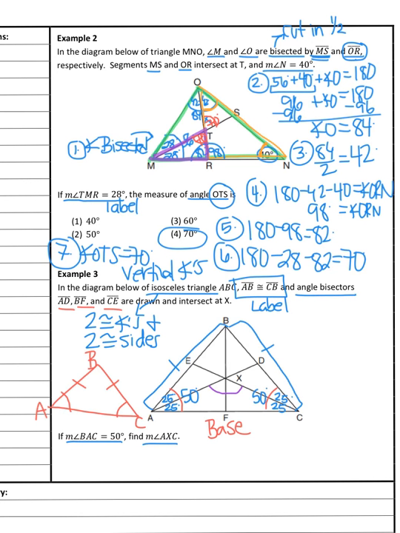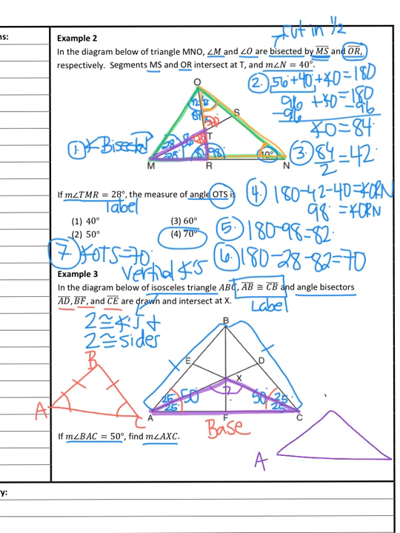And I'm going to outline that short, stumpy triangle in there, triangle AXC. So this triangle right here is what we're actually going to use now to figure out this top angle in here.